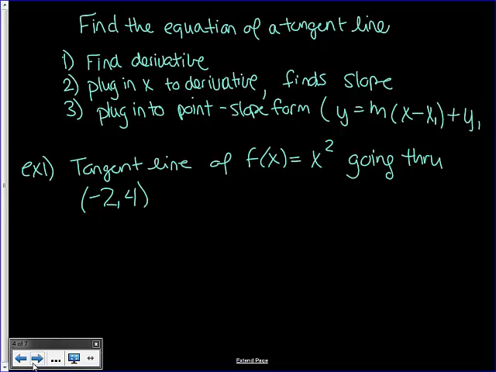Okay, first thing I'm going to do, what's my first step? Find the derivative. So take the derivative. So f prime of x is just, bring my x down, that is 2x.